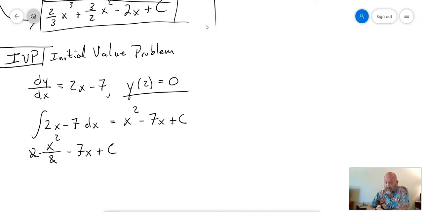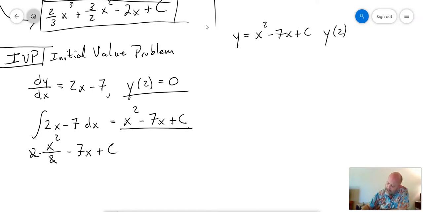Now, here's where the initial value comes in. I know from this that y is equal to x squared minus 7x plus c. But I also know that y of 2 is equal to 0. So that's my initial value, which means that y is 0 when x is 2.